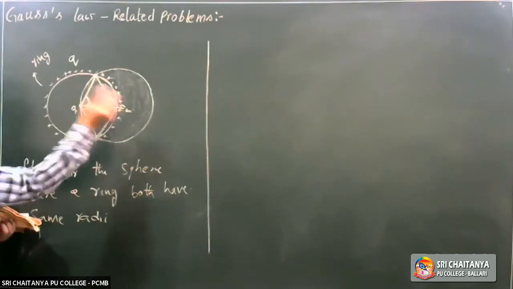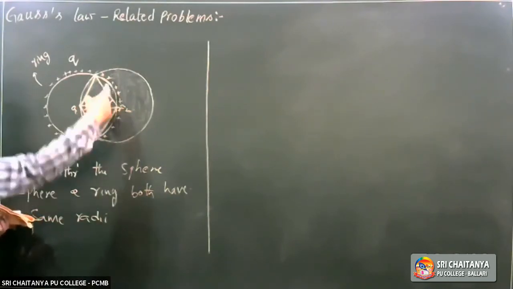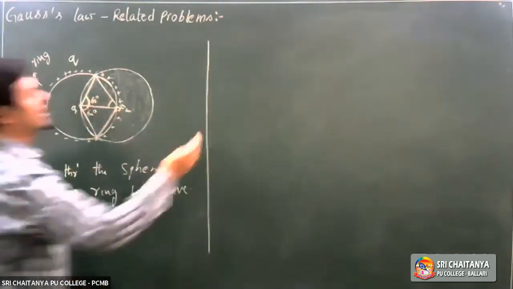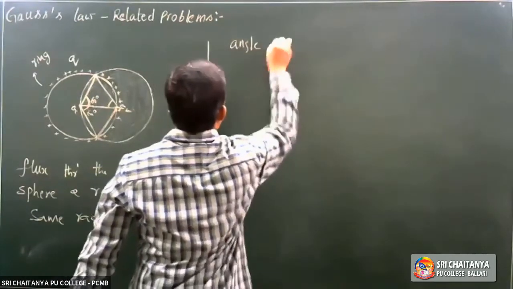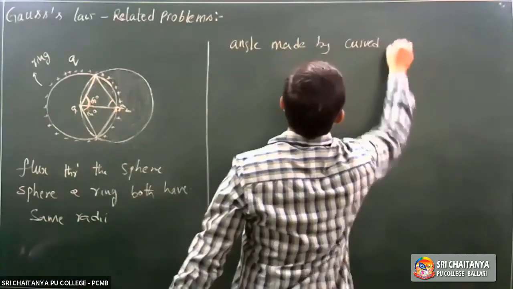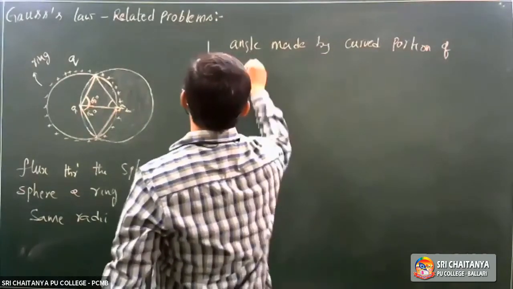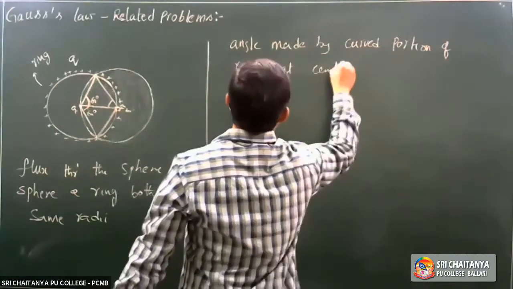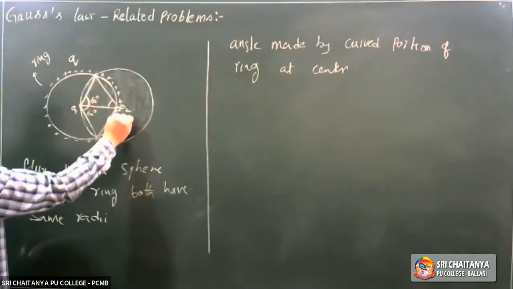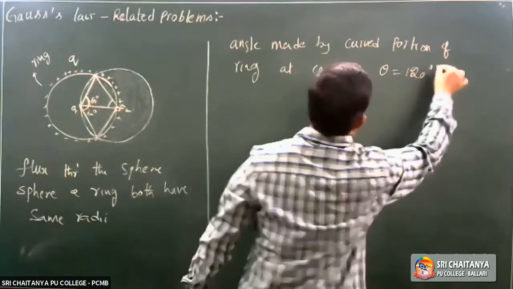If this is 60, and this is 60, and this is 60, the angle made by this curved portion of the ring at the center is what? 120.